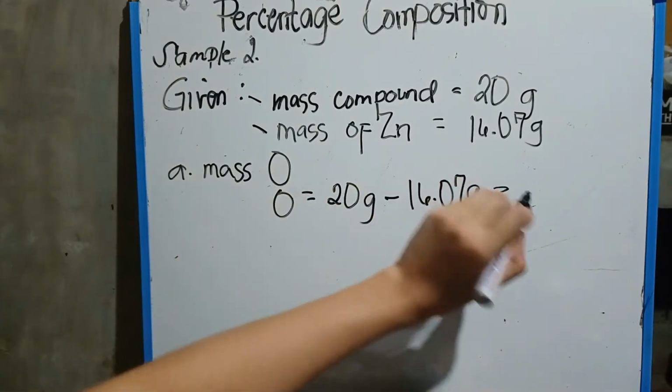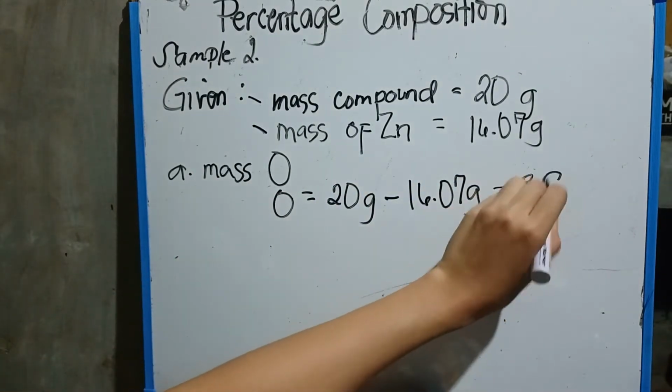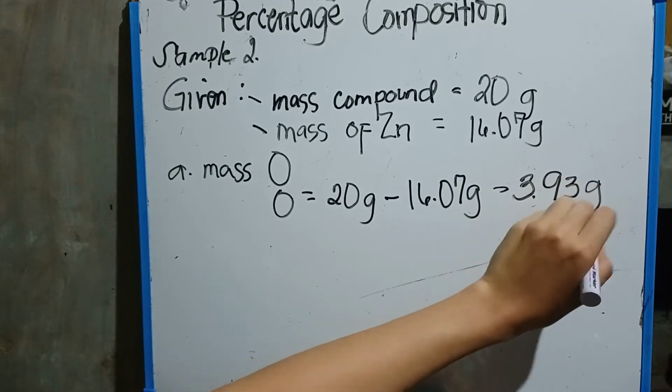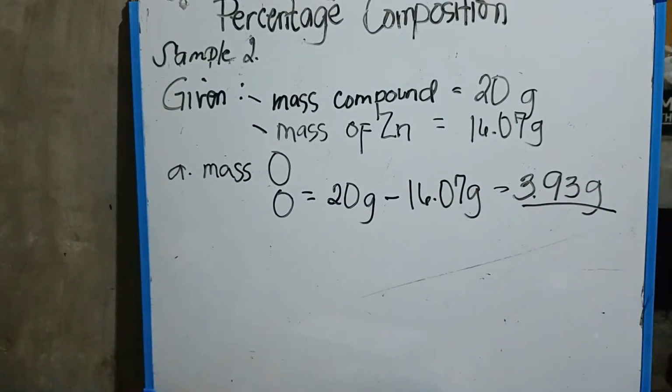So our oxygen is 3.93 grams. So this is now the mass of our oxygen.